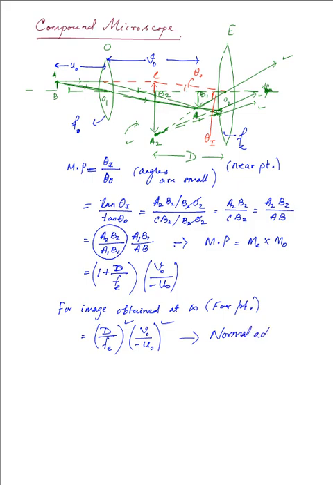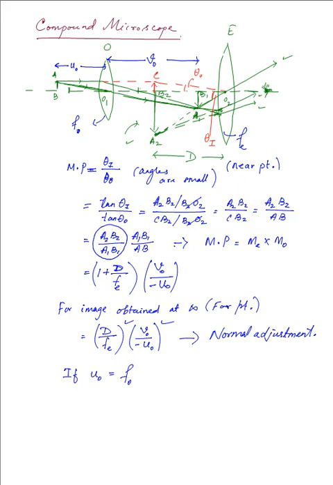Now, what we can also consider is the object placed at the focus of the objective. So AB, if placed at FO, that means you have UO, the object distance, equal to the focal length of the objective.